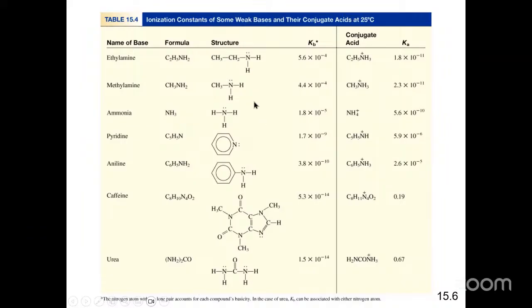Another thing I should say is that most weak bases contain nitrogen, including some naturally occurring compounds like caffeine, which you can find in coffee, and urea, which you can find in the urine of mammals. And as you can see, the Kb values are relatively small because the bases are weak.